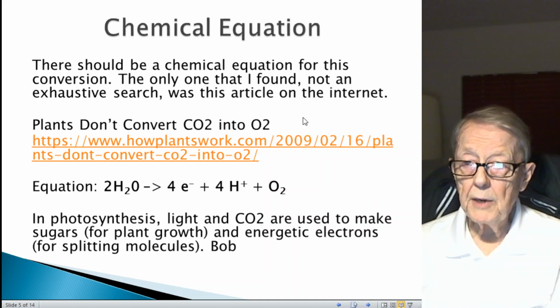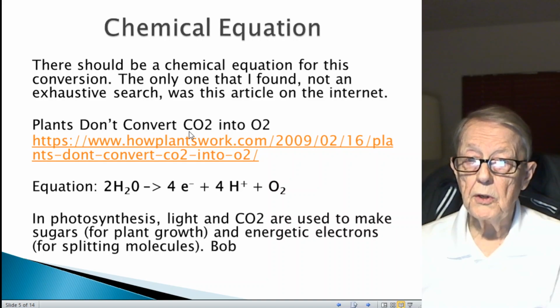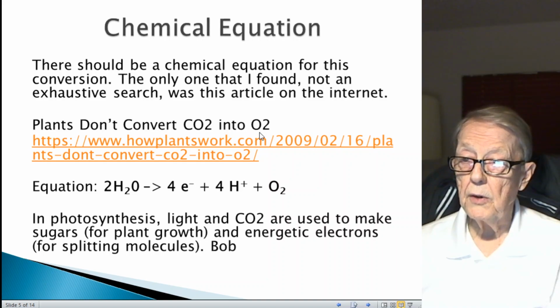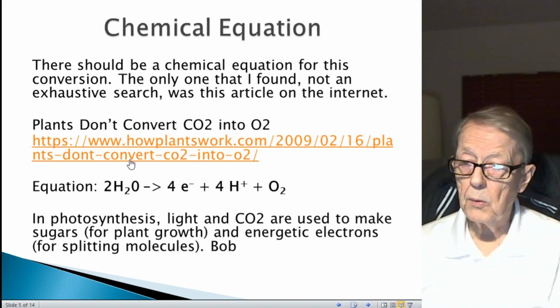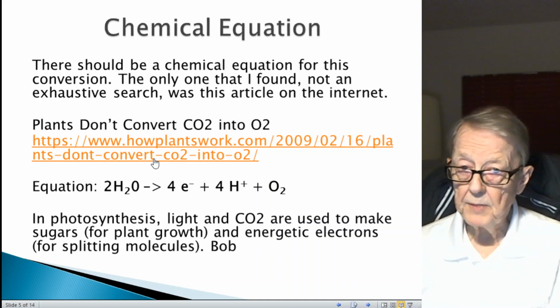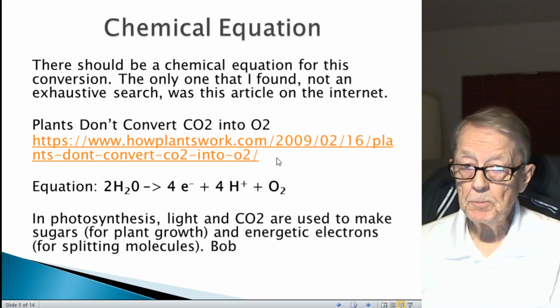Well, I stumbled on another article on the internet, and the title of this article is Plants Don't Convert CO2 into O2. This is a link to this one. It's a well-written document. I read the whole thing, and it's all about photosynthesis.